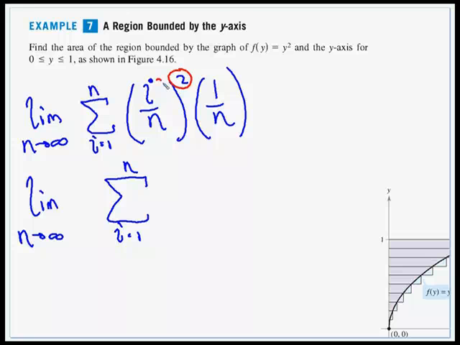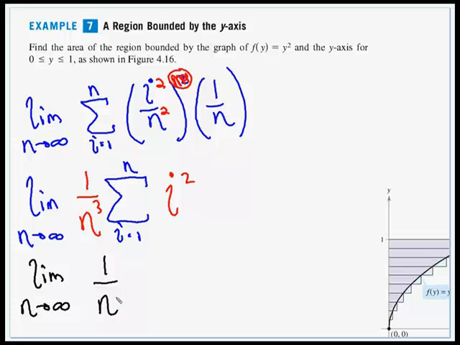If I distribute, it's going to be i squared over n squared, and then that's multiplied by 1 over n. If we multiply our denominators straight across, we'll get n to the third power, and we can drag that out front. 1 over n to the third, and then we're just left with i squared. And we've used that before. That's not going to be hard to deal with at all. So we have our limit as n goes to infinity.